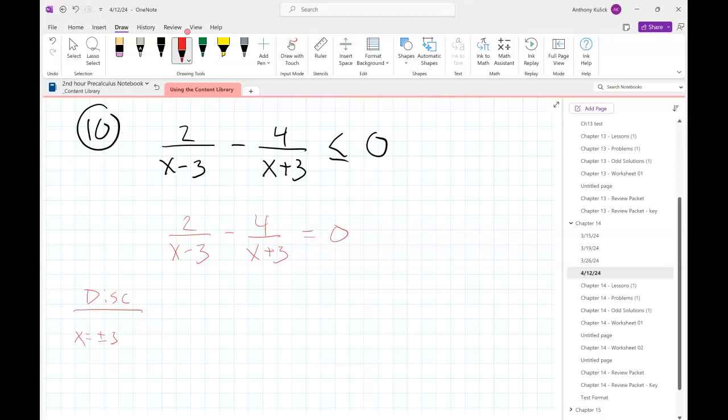Yep. Now to do the zeros, we can multiply both sides of this by x minus 3 times x plus 3.